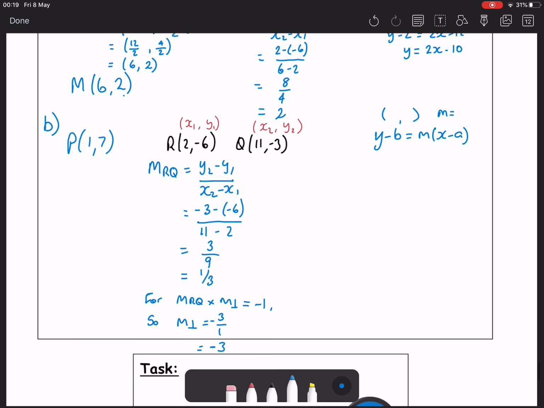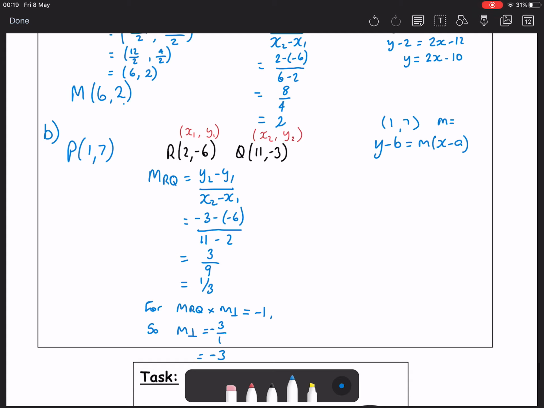So within my equation, I need a point, which is P (0, 17), and a gradient, which is -3. So y minus 17 is -3 times (x minus 0), so y minus 17 equals -3x, and if I add 17 to both sides, y is equal to -3x plus 17.